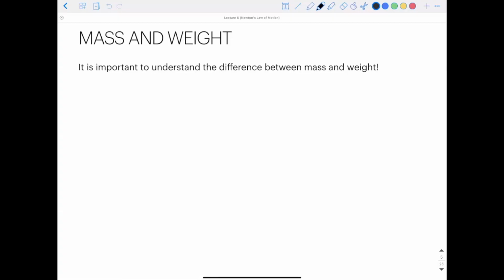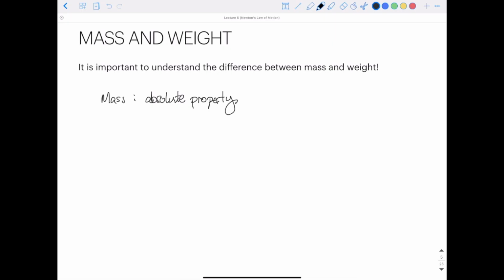Another important distinction for us to make is the difference between mass and weight. Mass is an absolute property, which means it is independent of whatever gravitational field in which it is measured.